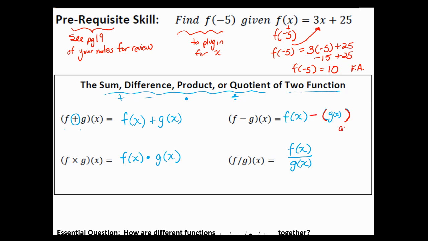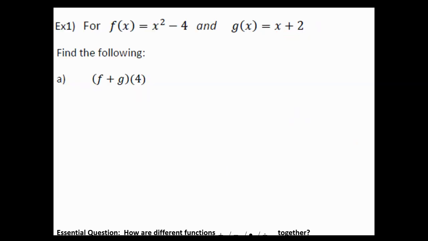So you always have to add in parentheses. So minus and then parentheses. Always add parentheses. You only do that in the back part. You leave the f of x alone. You can hit pause if you need a minute.